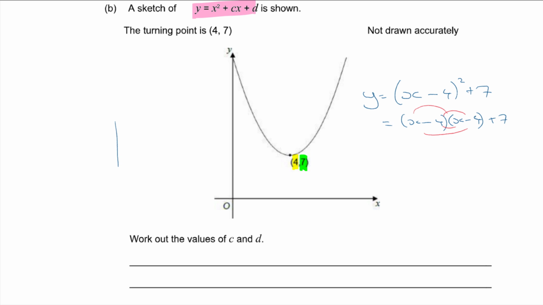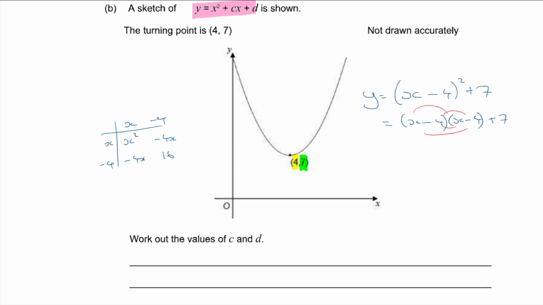Personally, I recommend doing the grid. How many times I've marked a paper and someone's lost a term in an exam because they're rushing and they forget. But if you do the grid, you know you've got a place for each of the 4 values and you won't forget. So x times x is x squared, x times minus 4 is minus 4x, x times minus 4 is minus 4x, and minus 4 times minus 4 is plus 16.